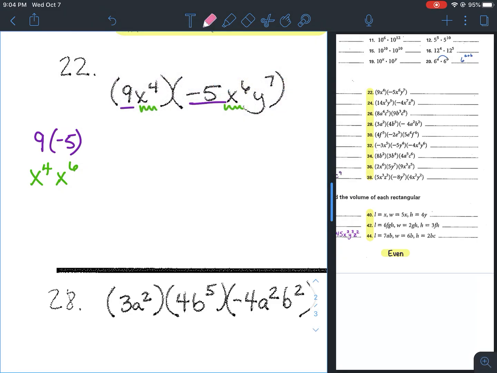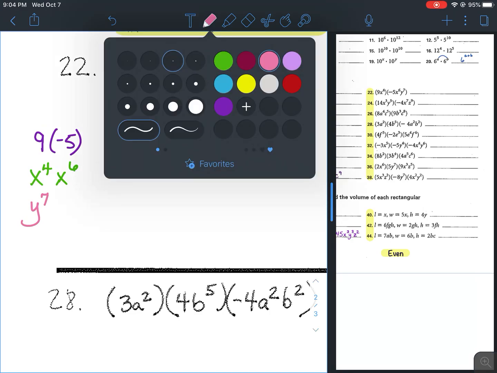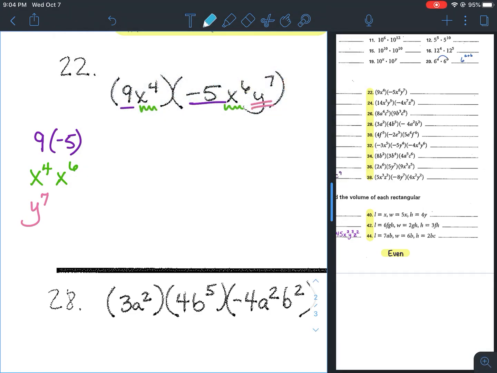Then I have only one y term, which is y to the seventh. And now I'm ready to find my answer. Start by multiplying our coefficients. So 9 times -5 would be -45.